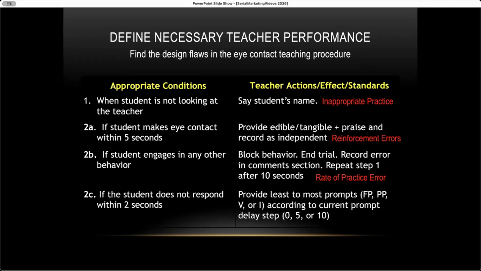And actually much lower, because if you look at the last step, if the student does not respond within 2 seconds, provide least-to-most prompts: full prompt, partial prompt, verbal, or independent, according to current prompt delay step 0, 5, or 10. Not only is that very difficult to implement accurately, but also I think it's a prompting error because what it does is it further reduces the possible rate of practice opportunities.